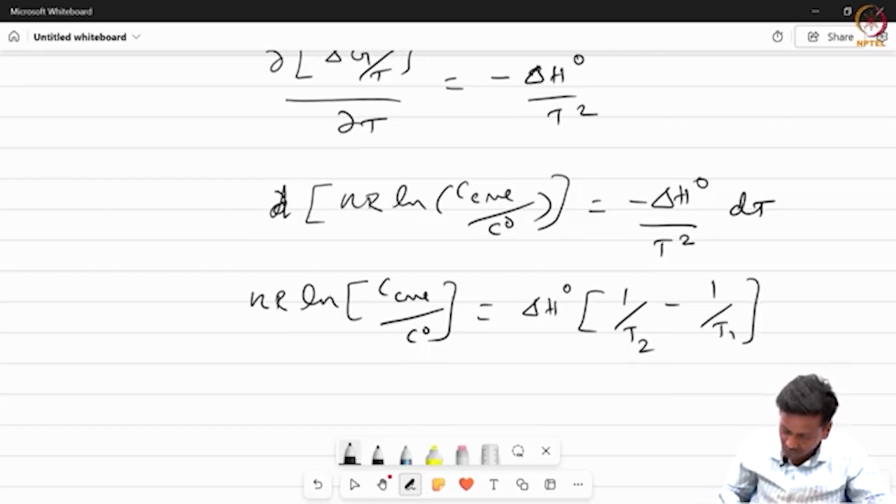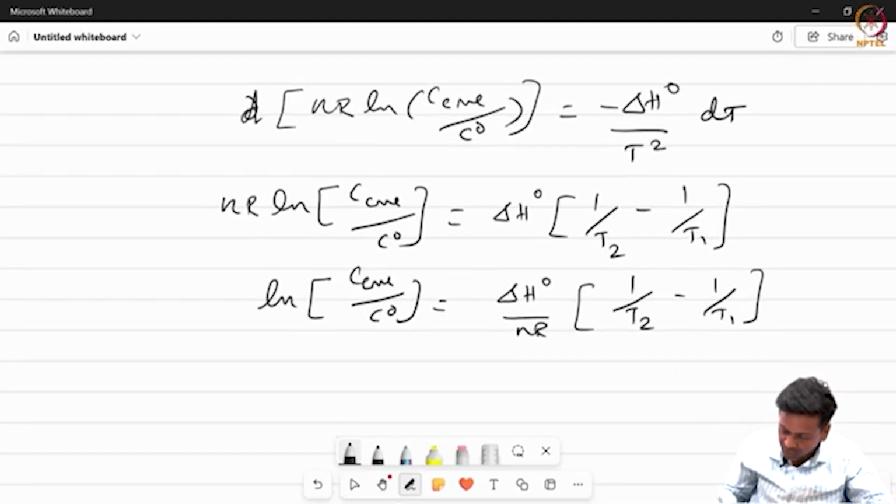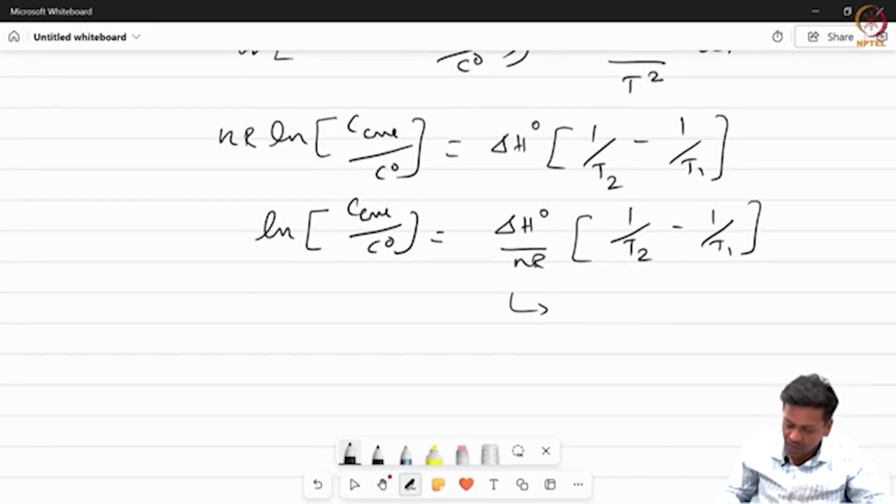Okay, so I can also express this as ln CMC by C naught as delta H naught by nR into 1 by T2 minus 1 by T1. So this is going to be my enthalpy of micellization, right? So here, if we know what is CMC and the concentration for a pure reference state, you can calculate the change in enthalpy at the standard reference state. So that is the idea.